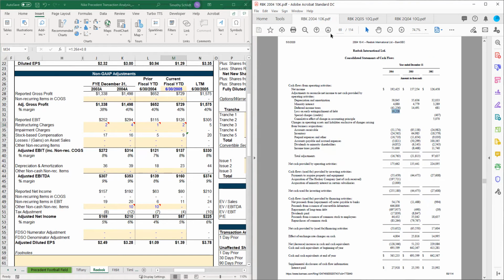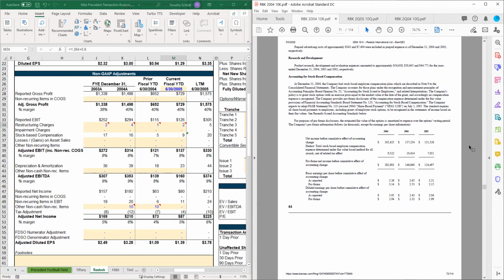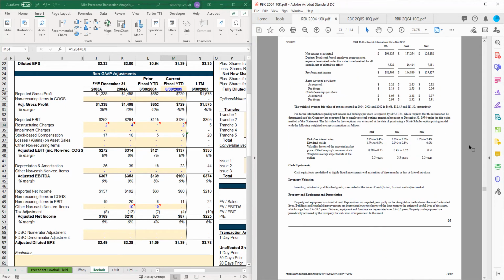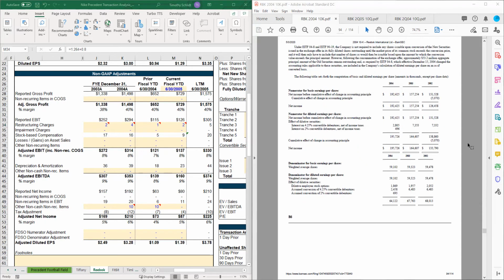Now the final thing that we want to do is, if you guys recall, for the calculation of fully diluted shares outstanding, the company detailed the effect of interest from these convertible debentures. And so the idea was that if you assume conversion, you get a fully diluted shares outstanding, but then you'd also have to net out the interest on that debt. So you'd actually have to increase net income slightly to balance out the numerator from the denominator.